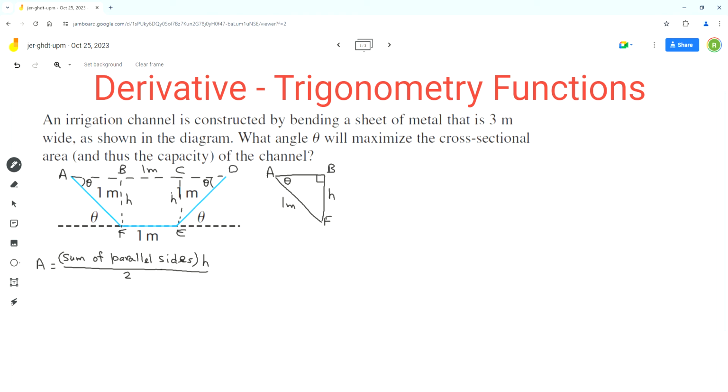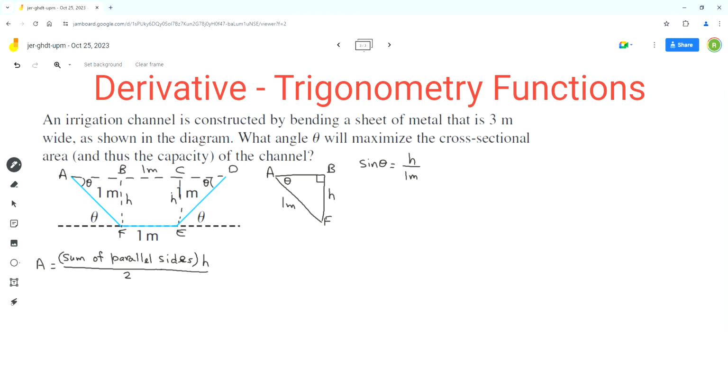For H, we can use the sine ratio. The formula for sine is opposite over hypotenuse. For angle theta, the opposite side is H and the hypotenuse is 1 meter long.